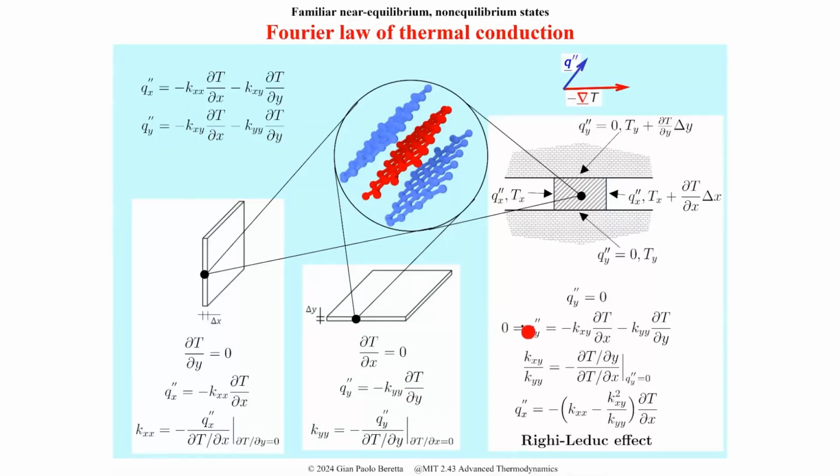The insulation sets this equal to 0, and therefore makes these two terms equal and opposite to one another. So by measuring the gradient in temperature that builds up in the y direction and dividing it by the imposed gradient in temperature in the x direction, you get this ratio of the off-diagonal coefficient versus the direct coefficient. Okay.